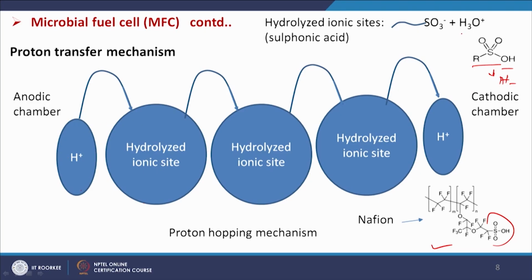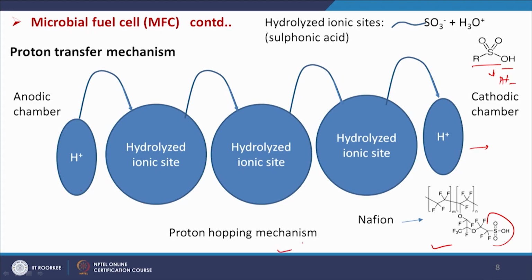This type of conversion repeats, so hydrogen moves from anodic to cathodic sites and ultimately reaches the cathodic chamber. This is one way of transfer of H plus ion, called the proton hopping mechanism.